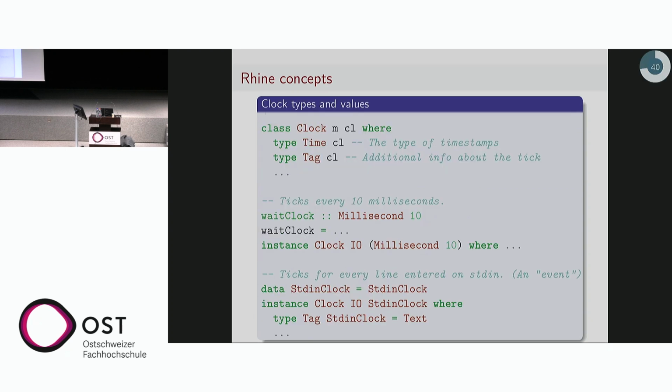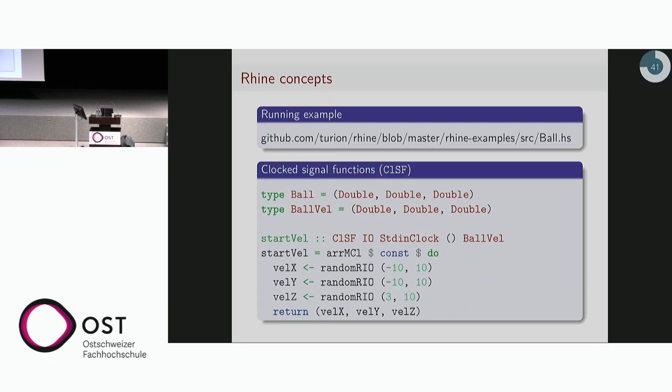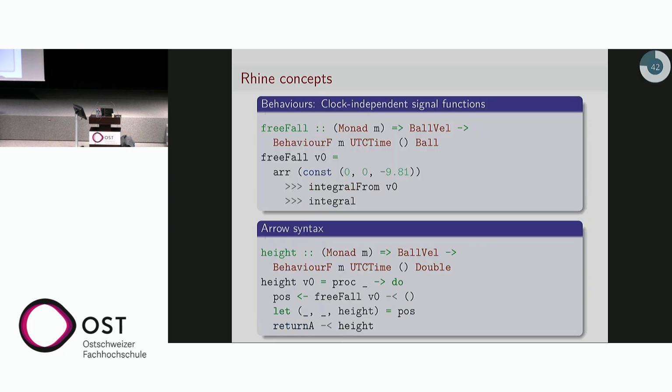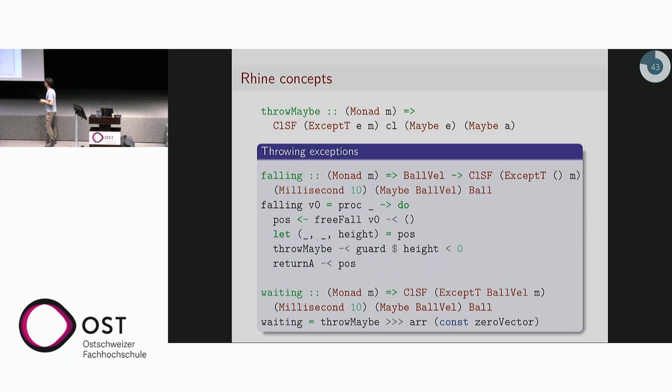It means it has access to this timestamp here and to this tag, so you can use that in the definition of a CLSF. CLSFs compose like this. Here you have three different CLSFs. You can combine them with this operator, and there are tons of other operators to combine them. You can compose them using arrow syntax or whatnot, and build up bigger CLSFs from that.